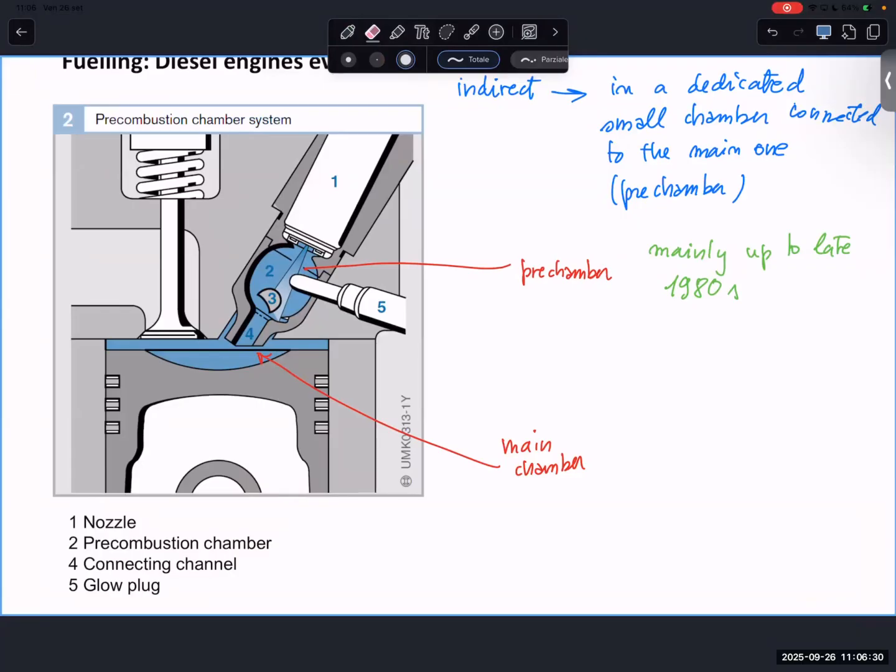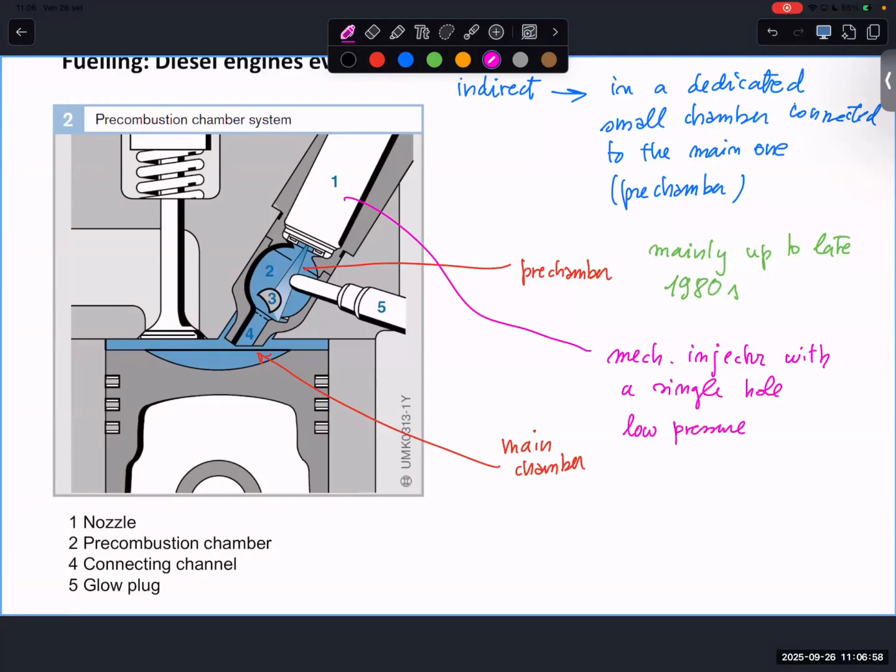There was one injector with a single hole, and it was a mechanical injector with relatively low pressure for the fuel.